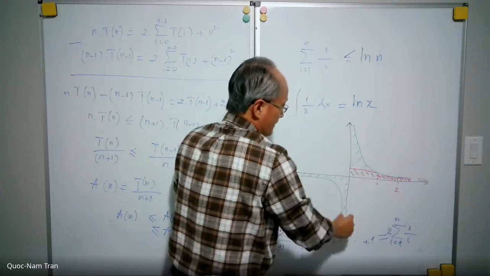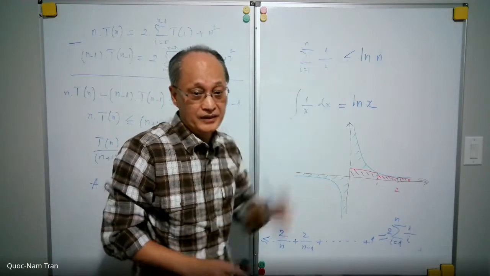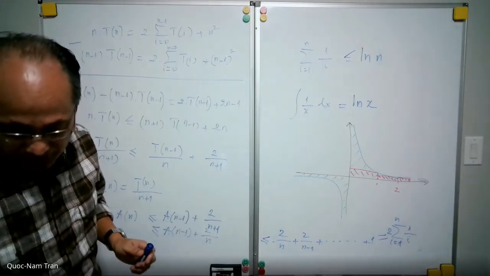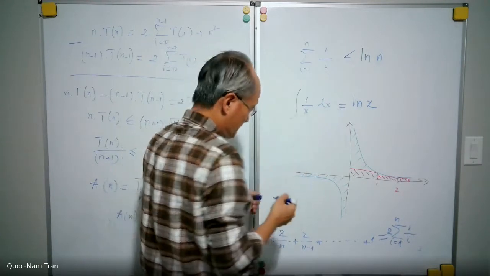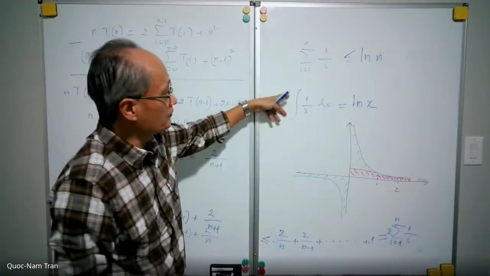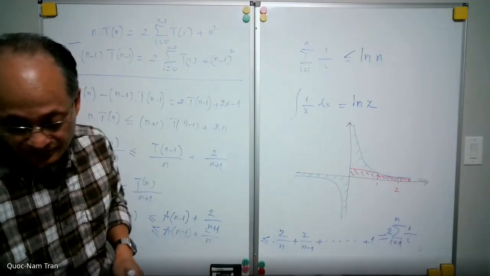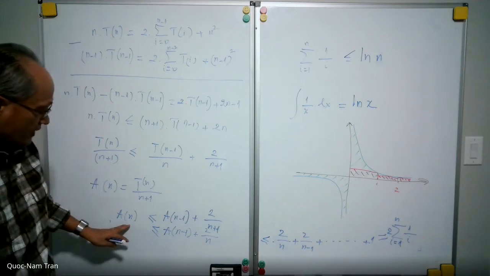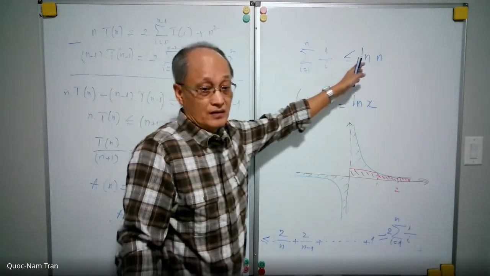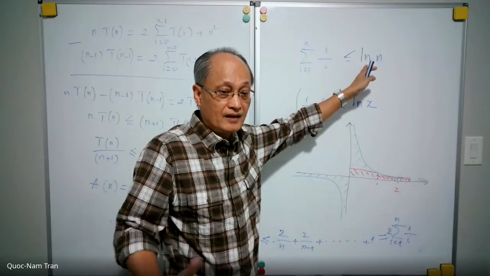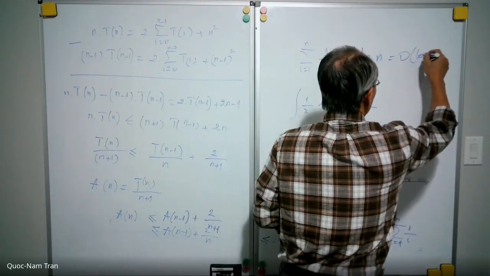So when we replace x by n, then we have the sum is less than or equal to log n, right? Because the x here will go from minus infinity to infinity, and we just want to go from, say, 0 to n. Now from here we have a_n is big O log n, right? So log 2 of n or log 3 of n, they are all big O log n.